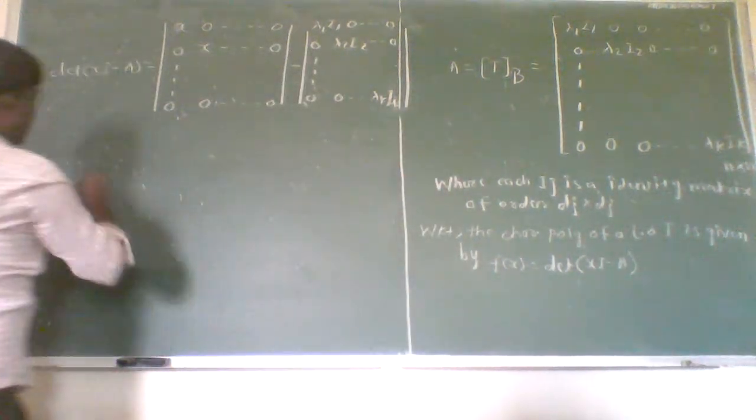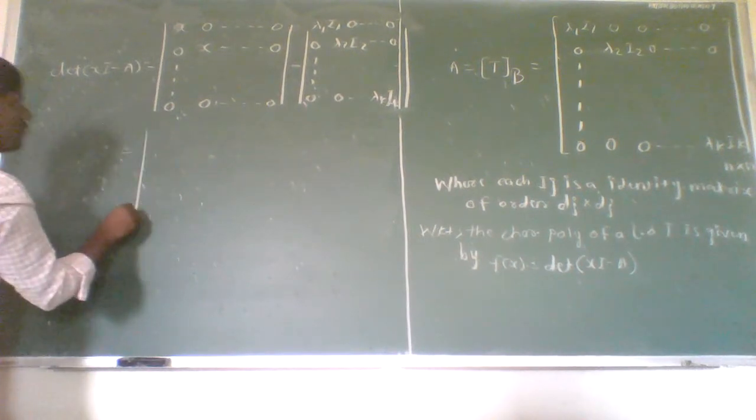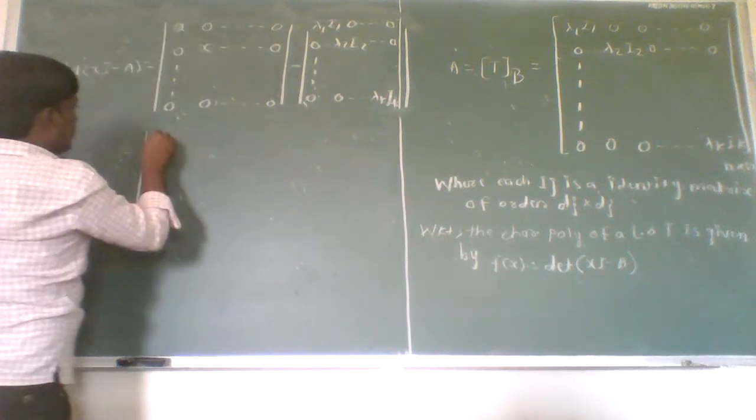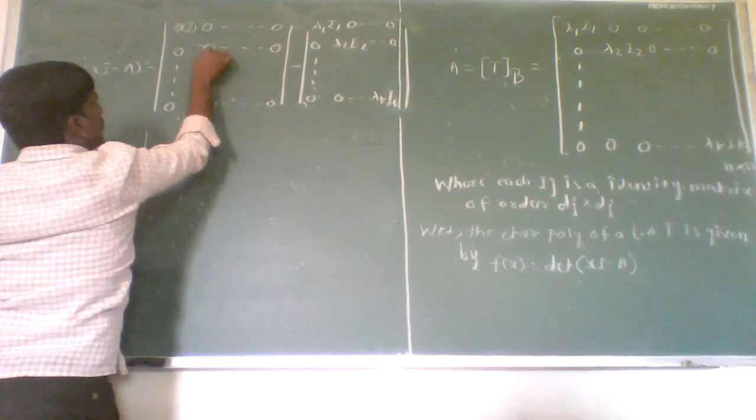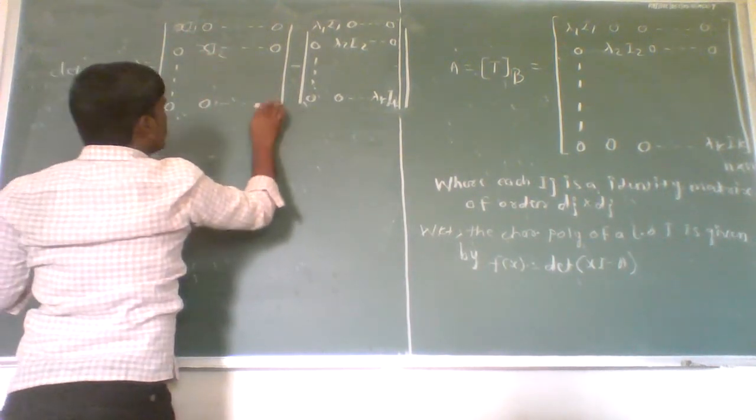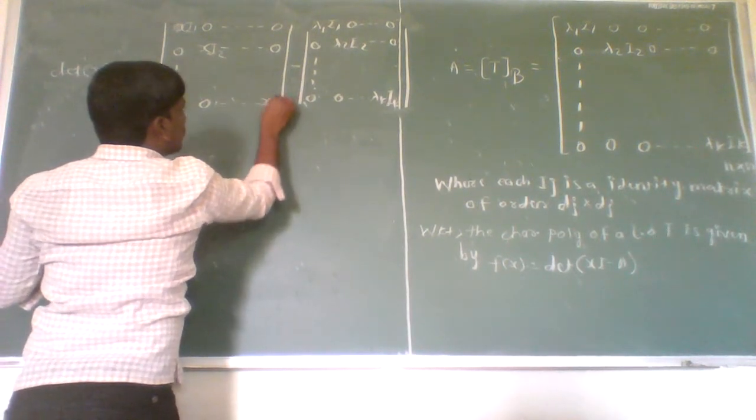So which is nothing but the determinant of x minus lambda 1 I1, here also I1, I2, so on, xI.